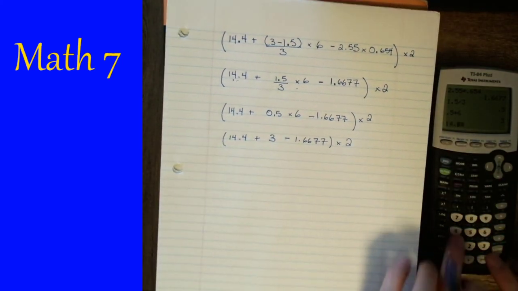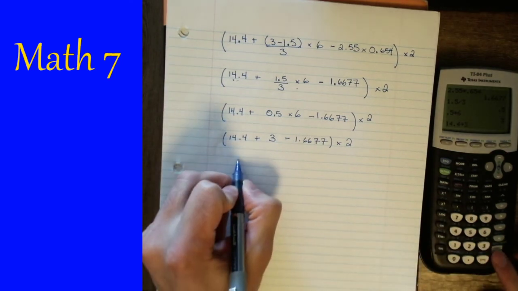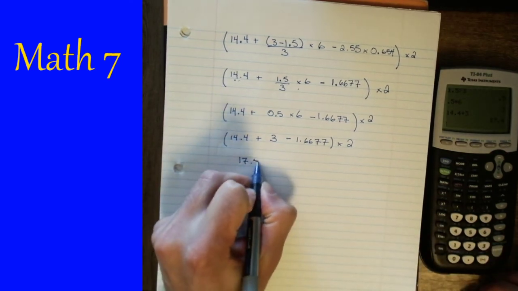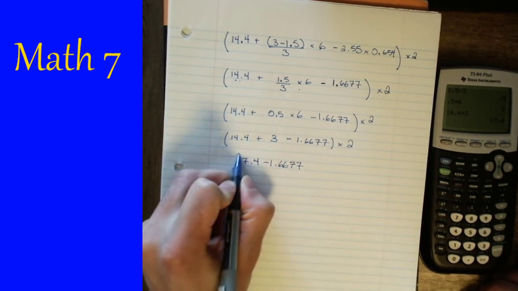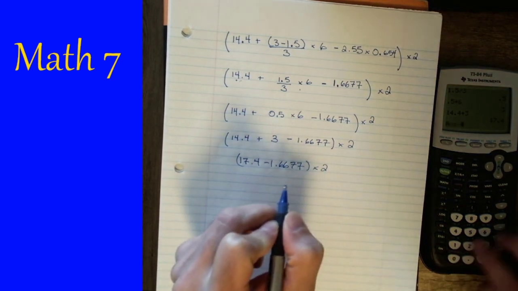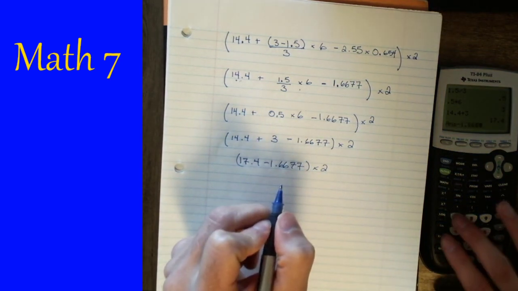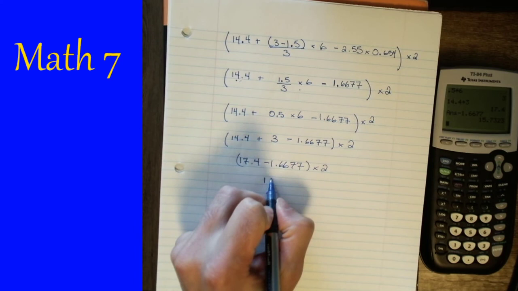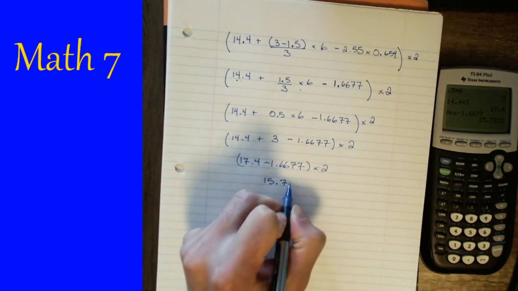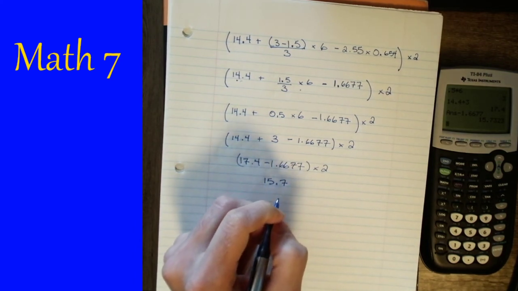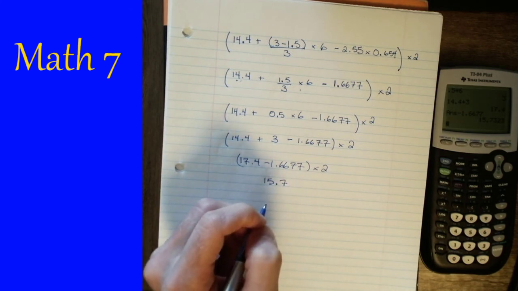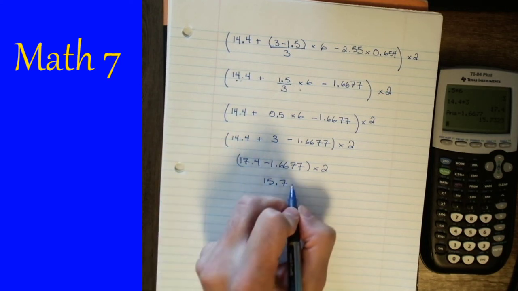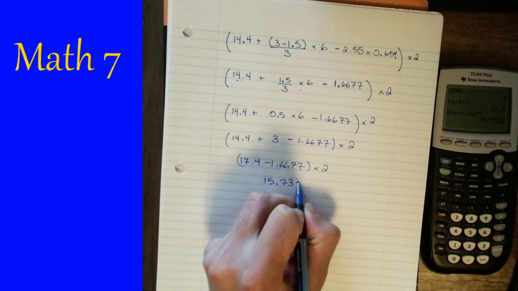So 14.4 plus 3, that's 17.4, minus 1.6677, times 2. So 15.7323.